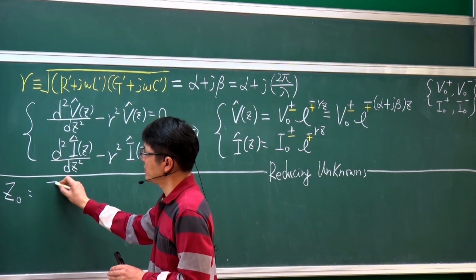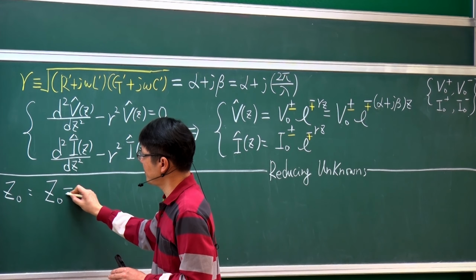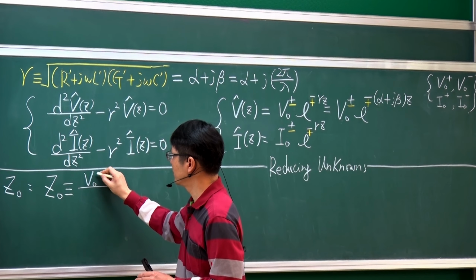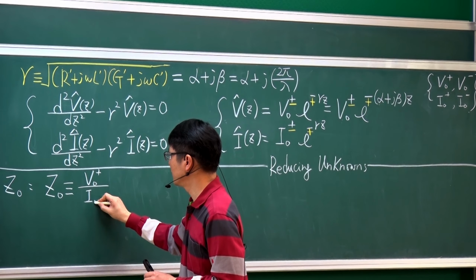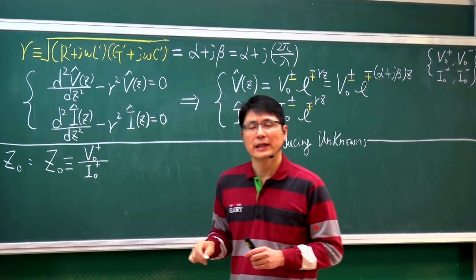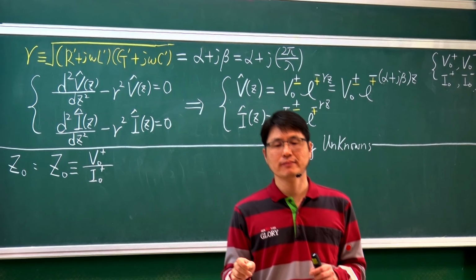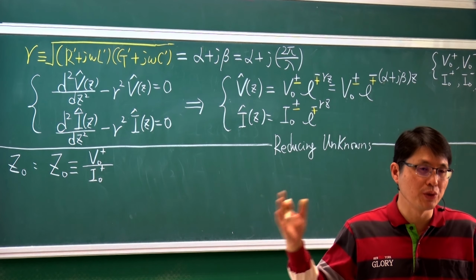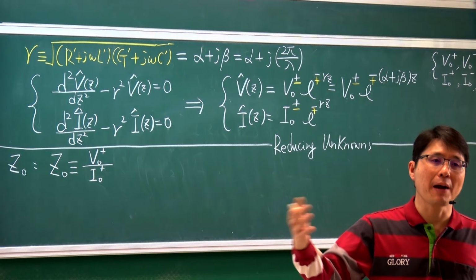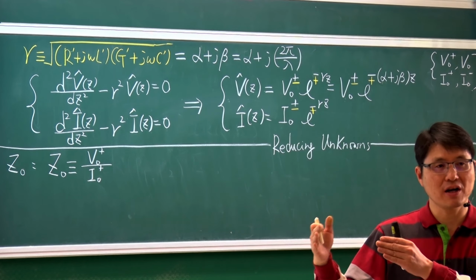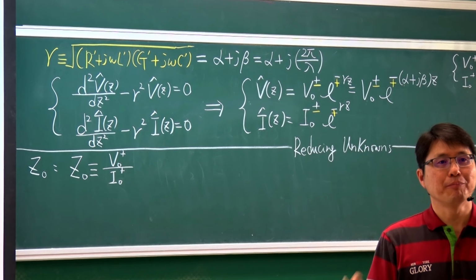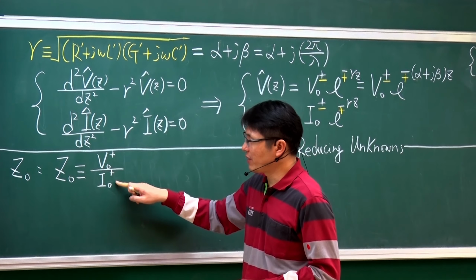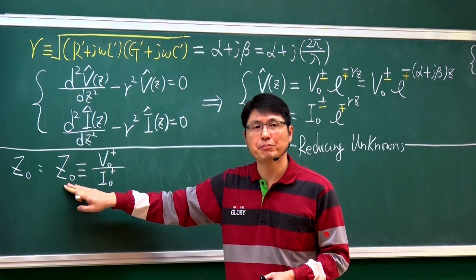So the question is, if I define impedance by definition is voltage divided by current, just like resistance. But when you have a complicated circuitry, you have RLC, you have impedance, right? This is the formal definition. Voltage divided by current is impedance.